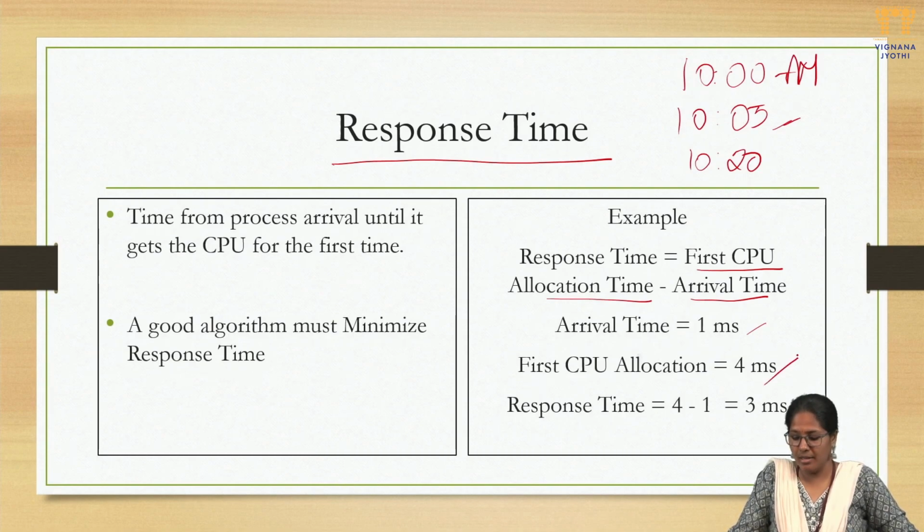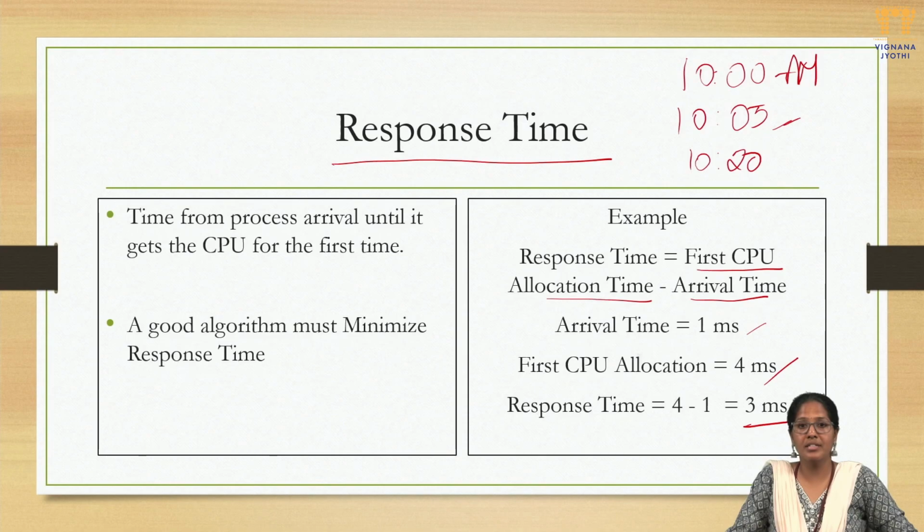Using the above formula, the response time is 3 milliseconds. This means the process waited only 3 milliseconds before it started executing for the first time. And the objective of a CPU scheduling algorithm is to minimize the response time so that the users receive quick feedback after submitting a request.